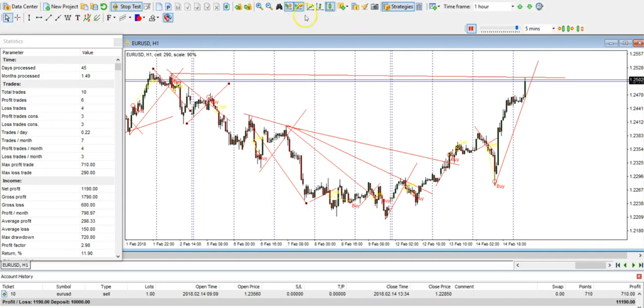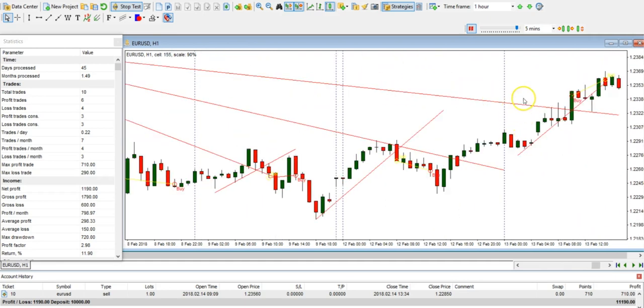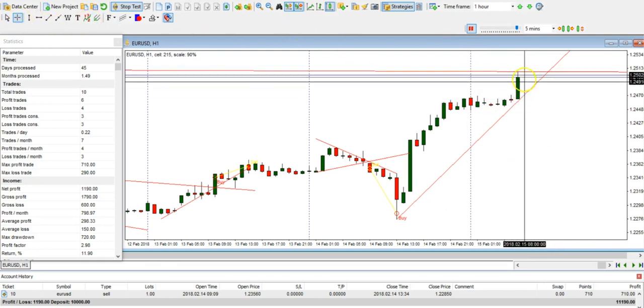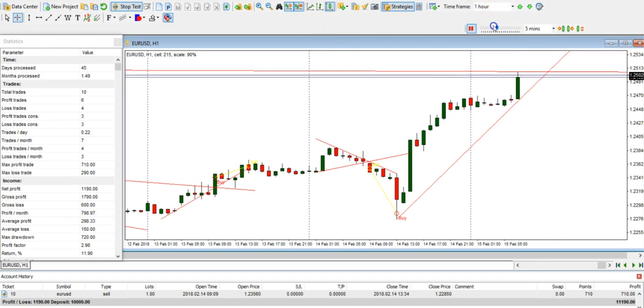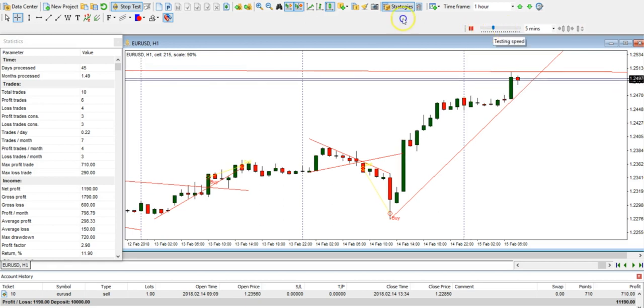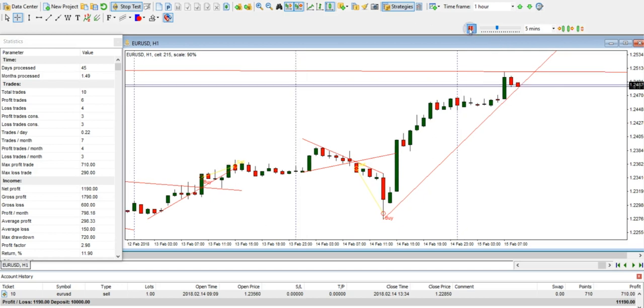We're going to zoom in. Okay, and so no penetration that hour.